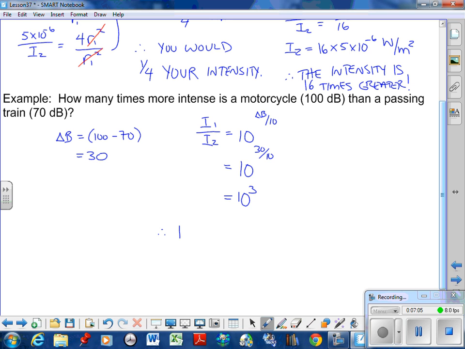So therefore, the motorcycle is 10 cubed times louder or more intense. So 1,000 times more intense on your ears if the motorcycle goes by compared to the train. All right.